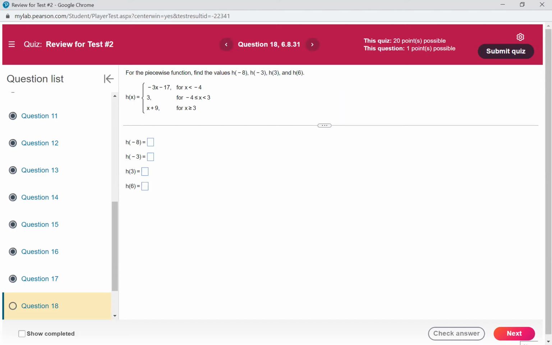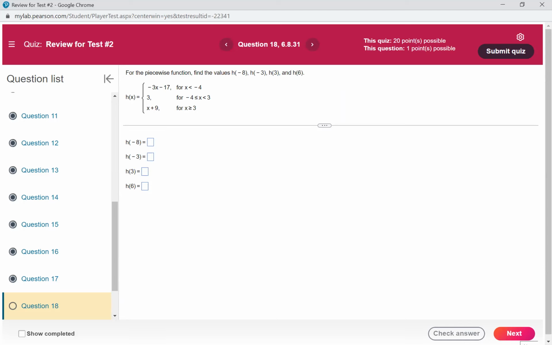All righty, y'all. Let me write this one down real quick. They're giving us h of x equals. Now I get a lot of mistakes on this one, so I'm going to actually go through and see what we get on here. So it's negative 3x minus 17 if the x is less than negative 4. It equals 3 for negative 4 less than or equal to my x less than 3.